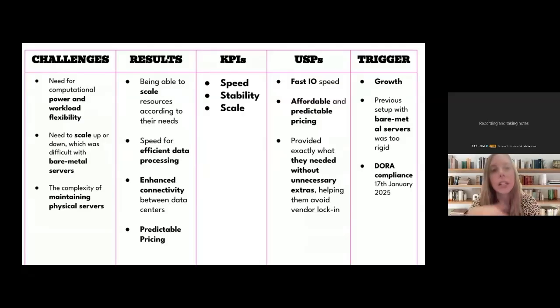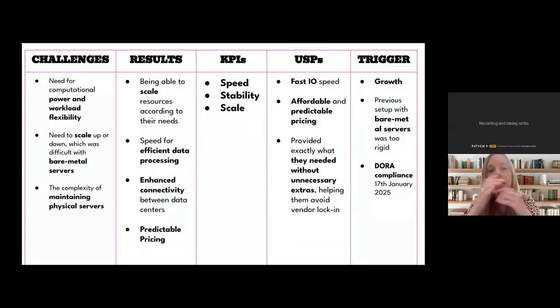So they were looking for a cloud provider that was able to scale the resources up and down according to their needs, obviously with good speed so they could process data, enhance connectivity, and predictable pricing. And for them, and we will talk about it in the USP part, predictable pricing was very important because cloud costs can escalate very quickly. And sometimes it's quite a surprise when you get your invoice at the end of the month. So predictable pricing is indeed a good result, a good USP.